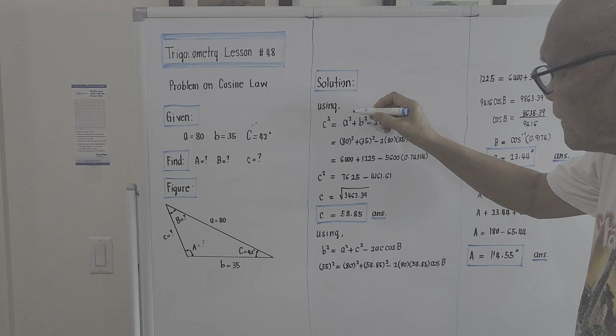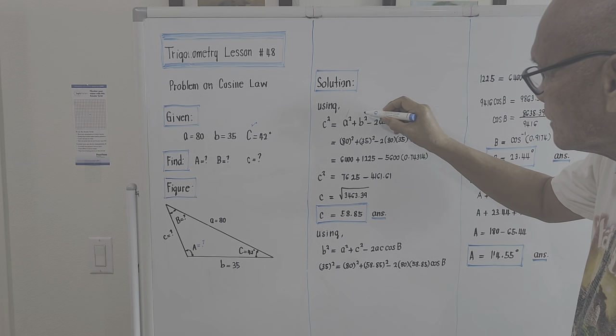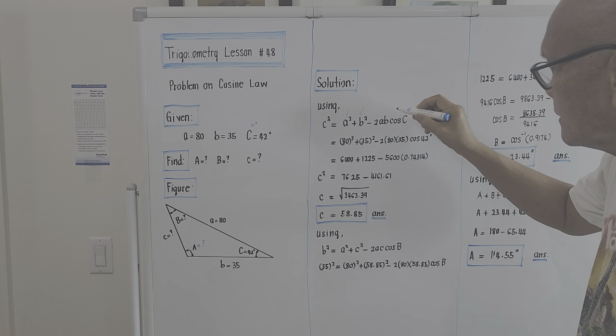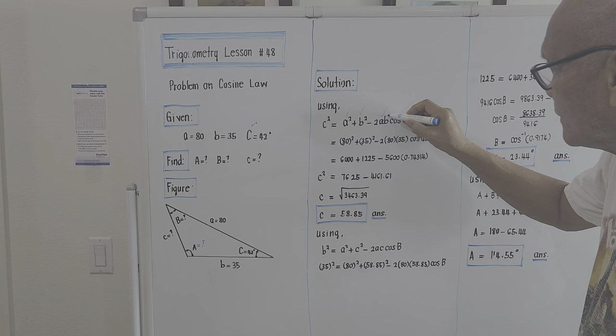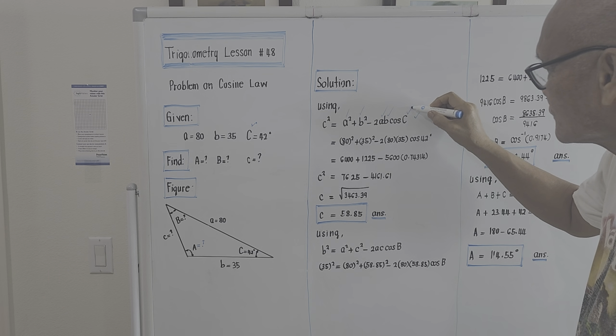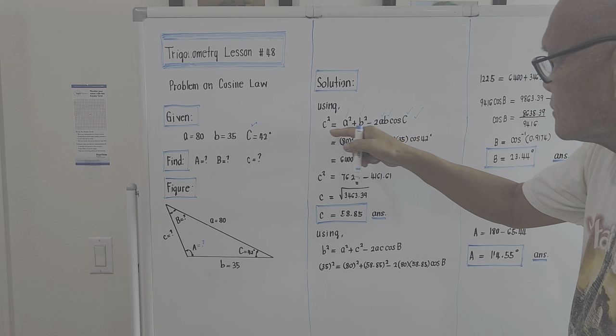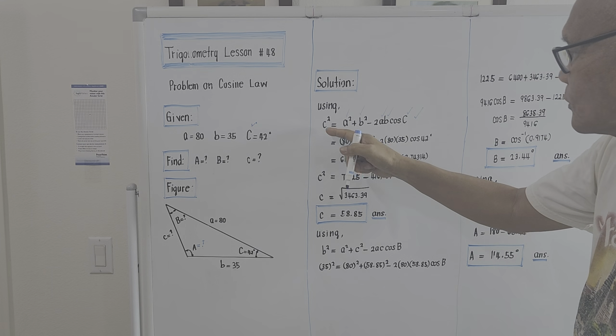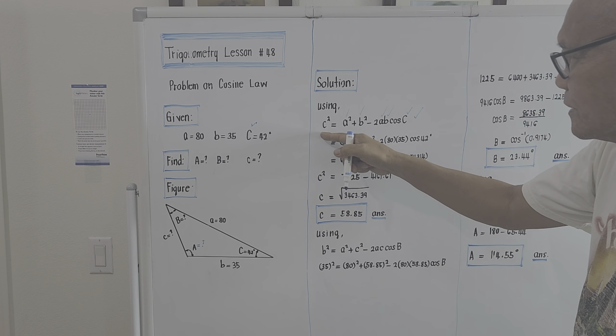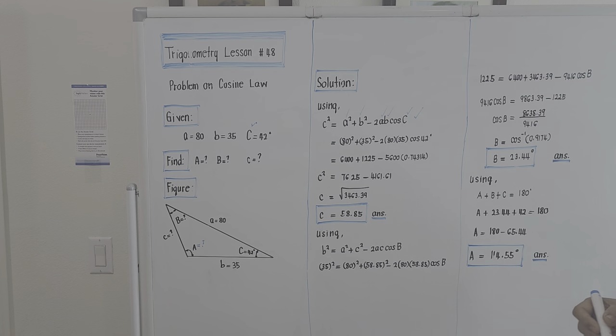Because we are given A, we are given B, we are given angle C. By using this equation, the only unknown is the square of the third side. Okay, let's try to substitute values.